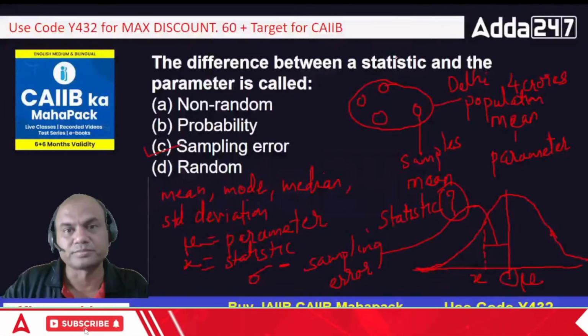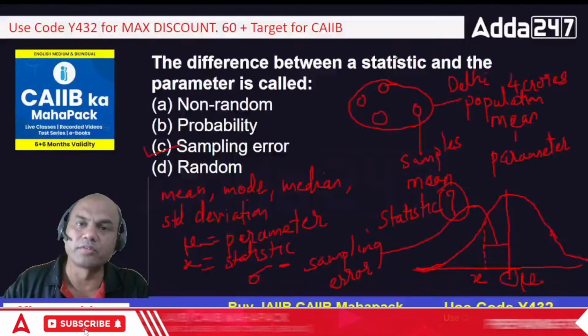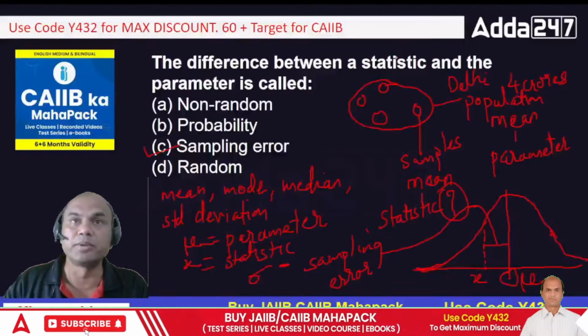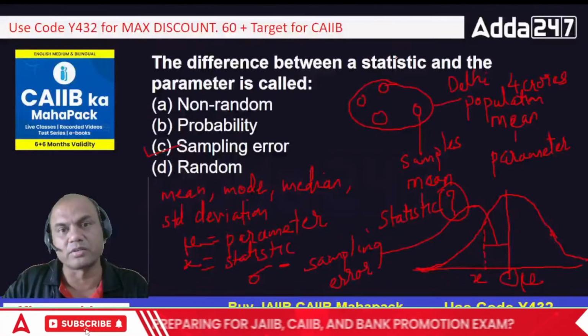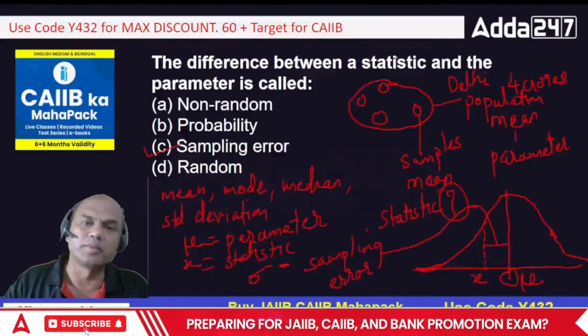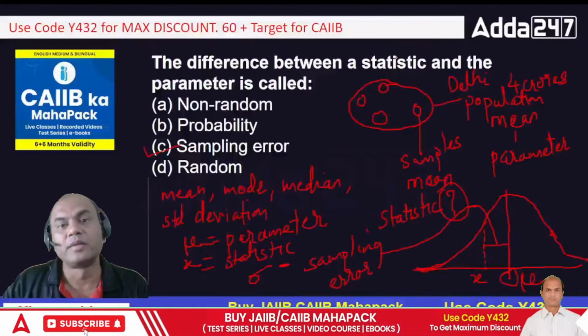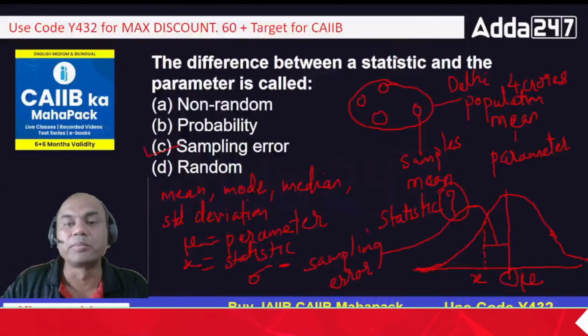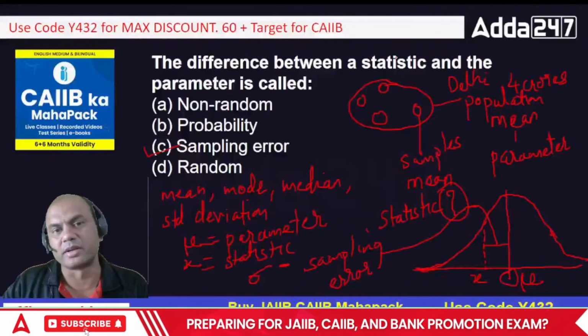Statistic or parameter? It is called parameter. Correct. Complete city I am surveying, so it is called parameter.